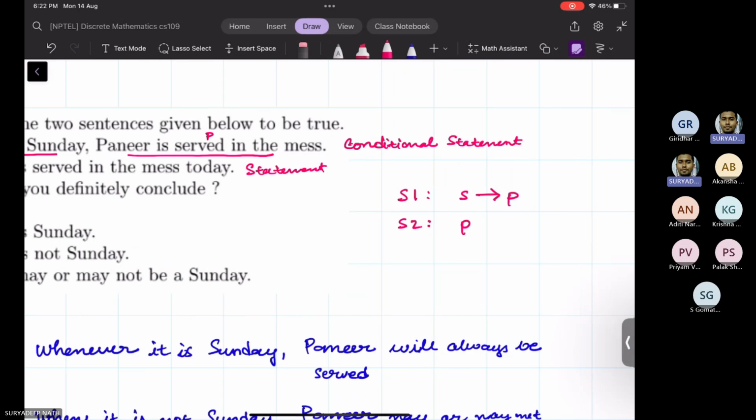But if P is true, it need not be that S is true as well.